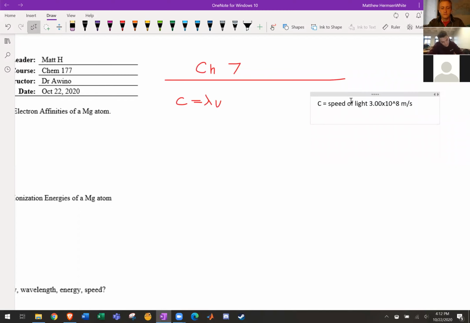Lambda is, I forget how you spell lambda. I think it's something like that, lambda. That's the weird looking upside down Y. And this is measured in meters. And then V, this is frequency, not velocity. Remember that, the velocity is the speed of light. And the frequency is in hertz, or sometimes seconds to the -1 power.